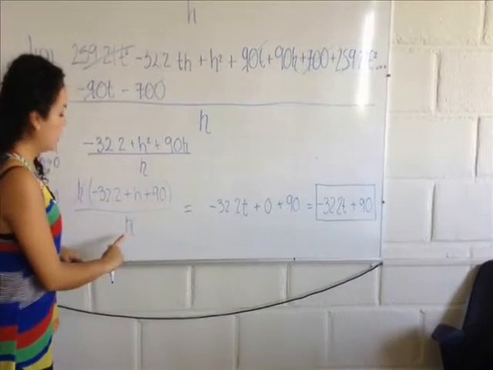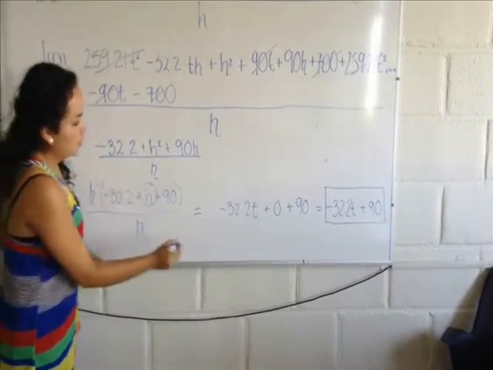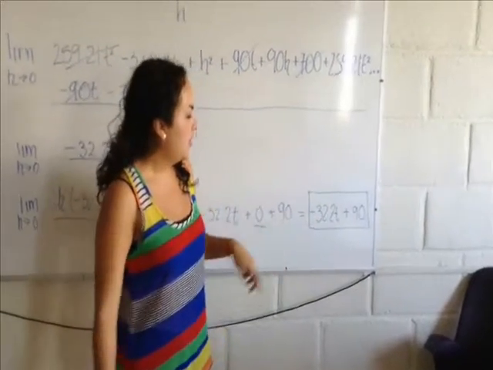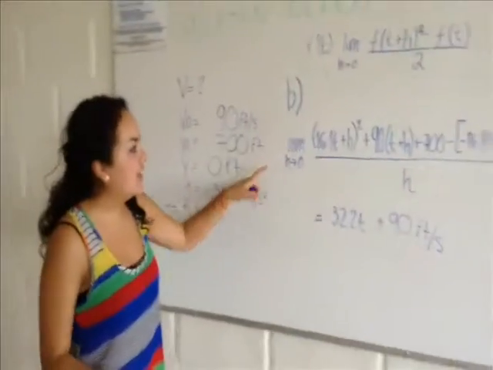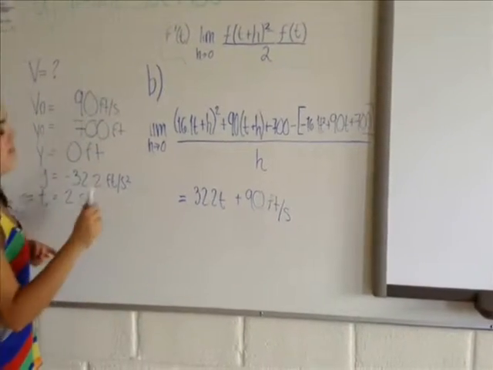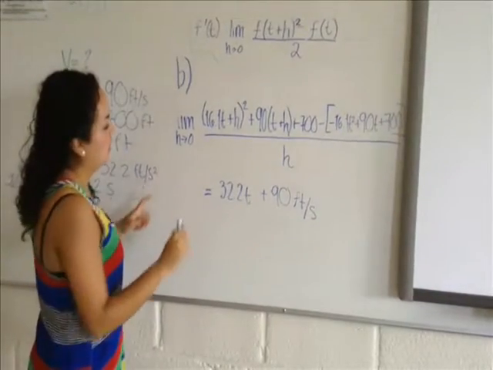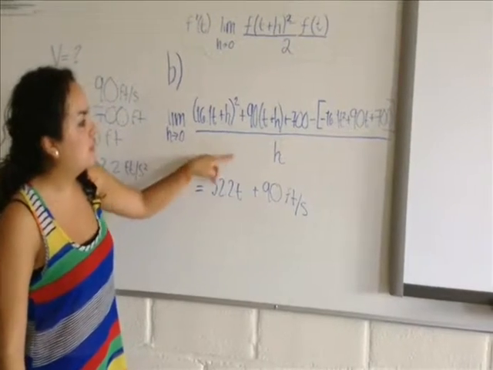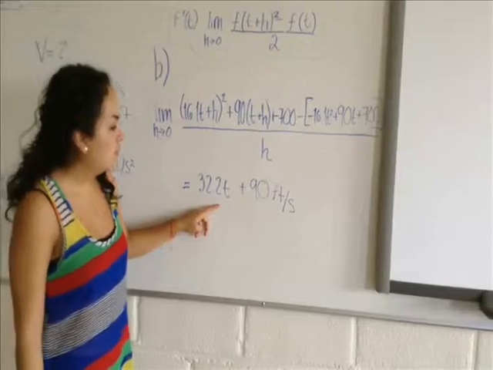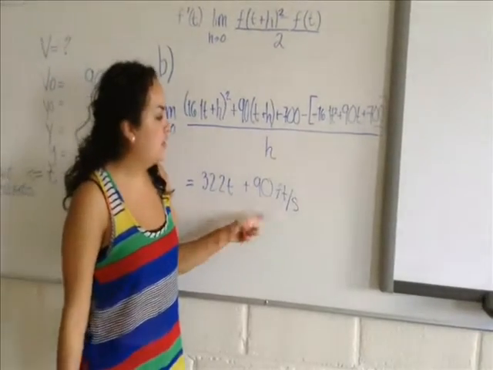Then we substitute the value of h with 0, and we get minus 32.2t plus 90. And then we get our final result, which is the limit of h approaching 0 of this equation, equal to minus 32.2t plus 90 feet per second.